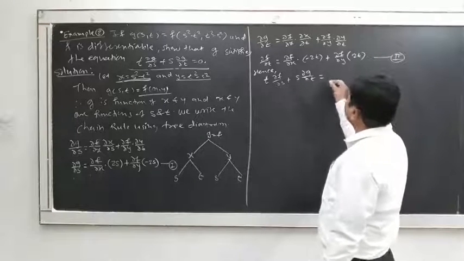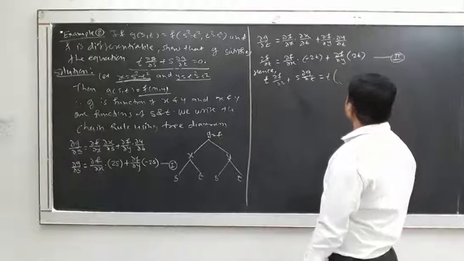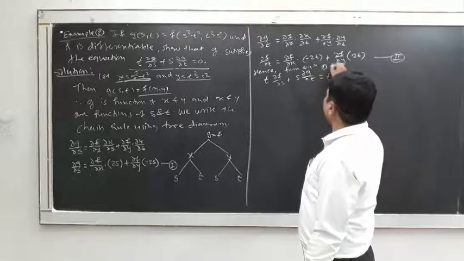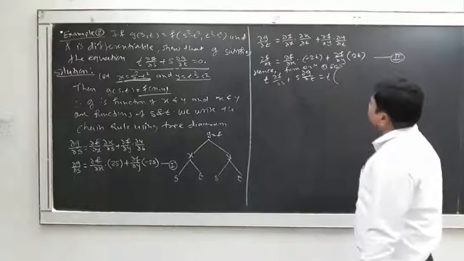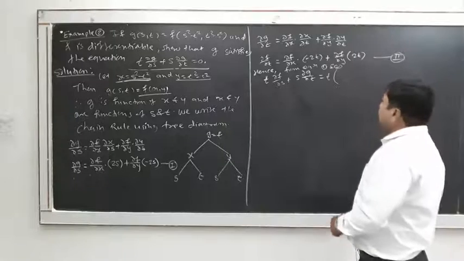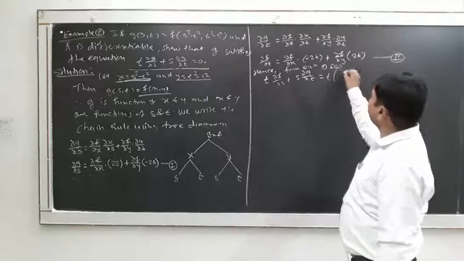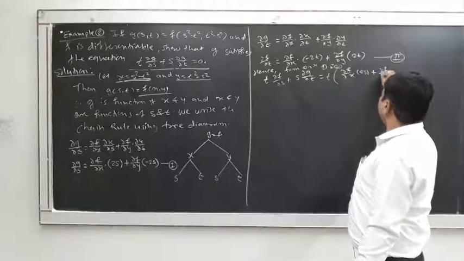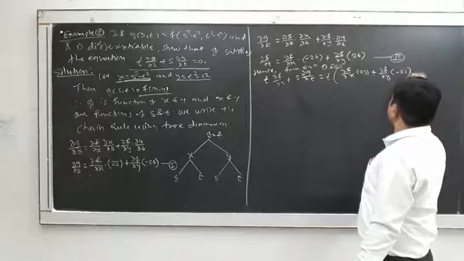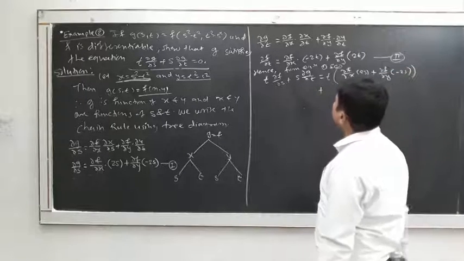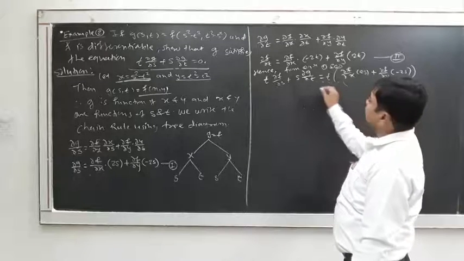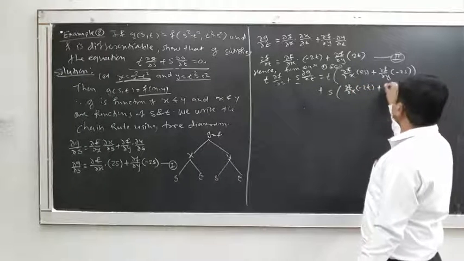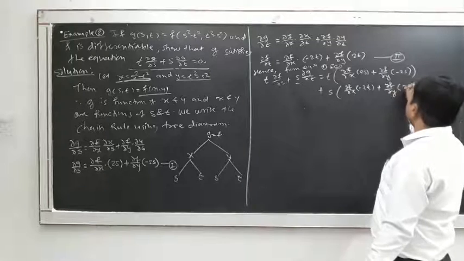It is equal to t into, from equations 1 and 2, put all these values: ∂f/∂x into 2s plus ∂f/∂y into minus 2s, plus s into ∂f/∂x into minus 2t plus ∂f/∂y into 2t.